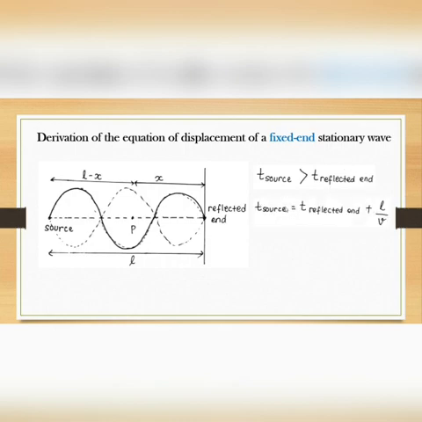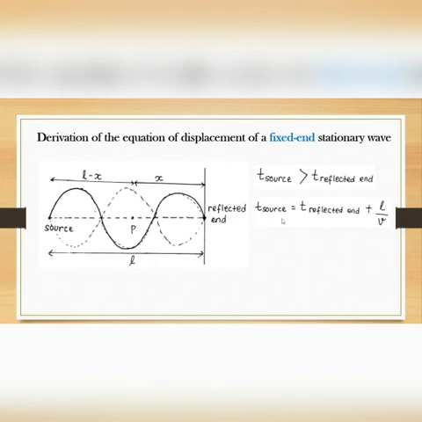So here I can say that the oscillation time of the source will be the oscillation time of the reflected end plus the time needed by the wave to travel from the source to the reflected end, which is equal to L over the speed of the wave.